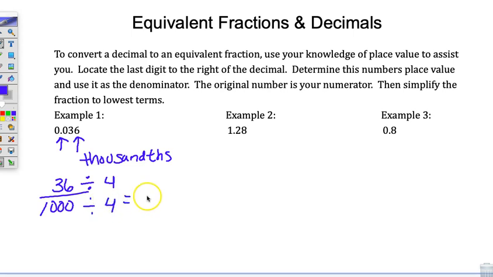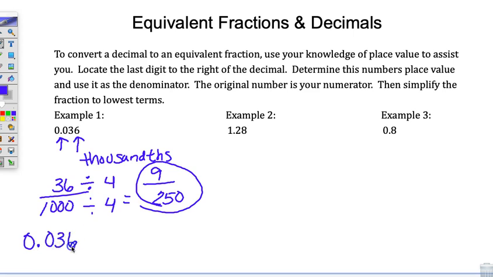So if I divide both of them by 4, I get 9 over 250, and that is in lowest terms, so there's my final answer. So in other words, 36 thousandths is equivalent to 9 over 250. So I could actually compare them when they're in the same format.